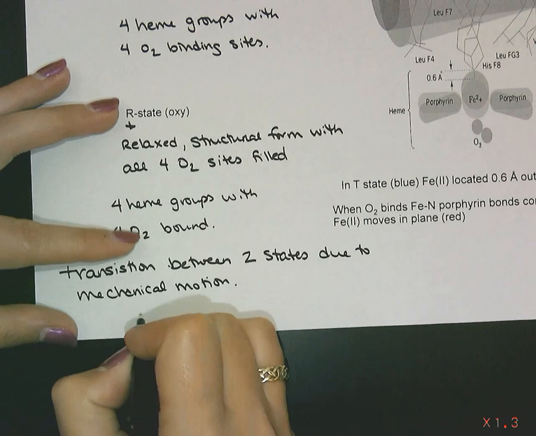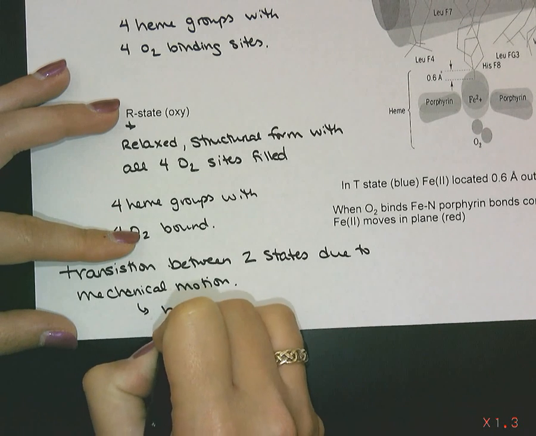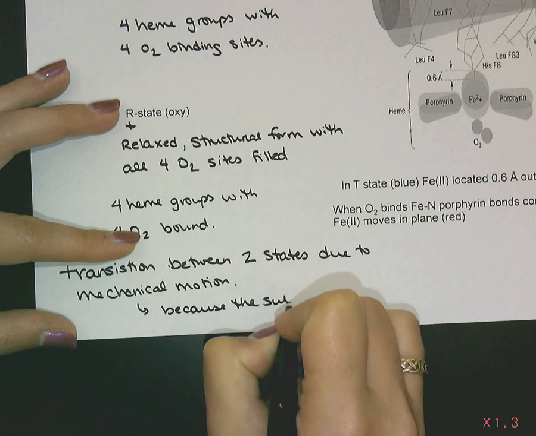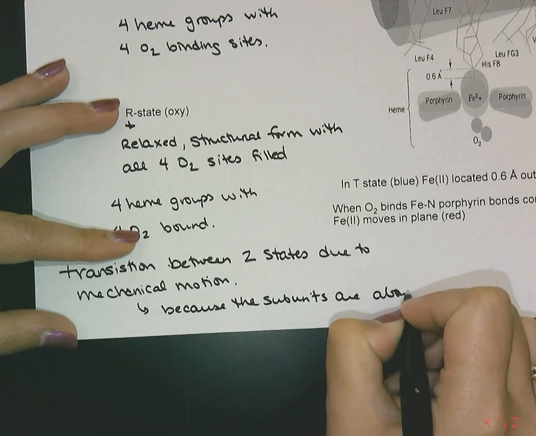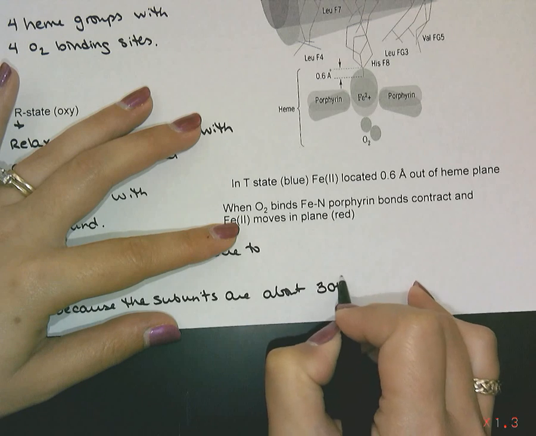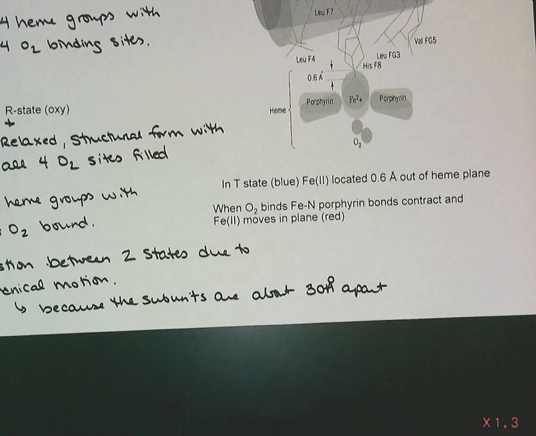So it has to be mechanical motion because the subunits are about 30 angstroms apart. So those channels, depending on if they're open or closed, in the range of 30 angstroms.